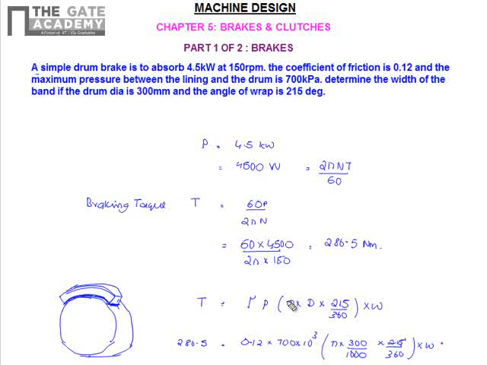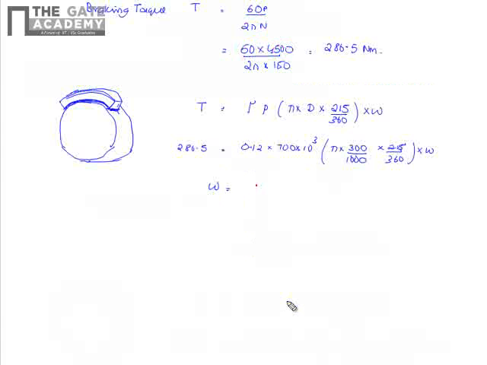So 286.5 divided by 0.12 into 700 into 10 power 3, into 1000 into 360, divided by pi into 300 into 215. This will give W as 6.1 into 10 power minus 3 meters, or 6.1 mm. So in the design case we can take it as 10 mm. So the width of the band should be equal to 10 mm for this case.